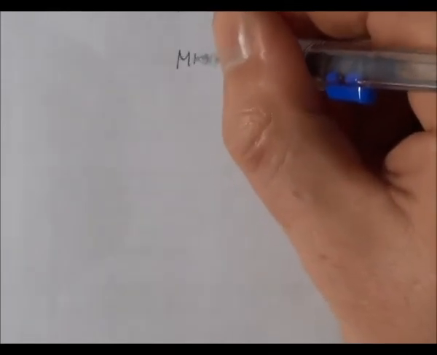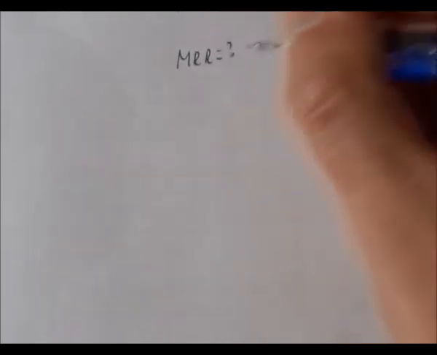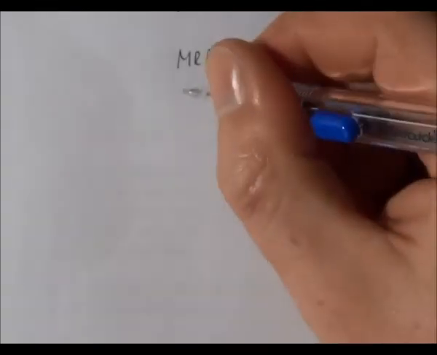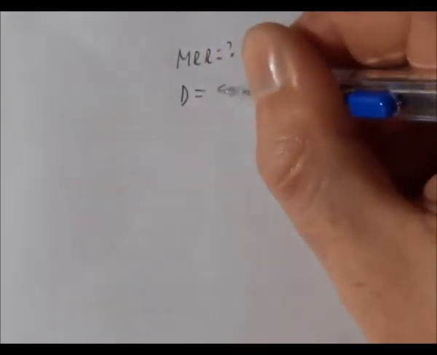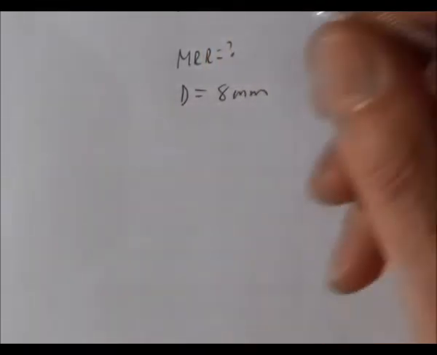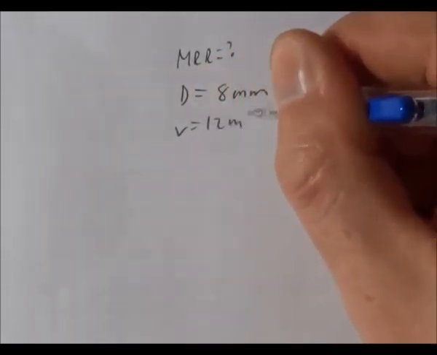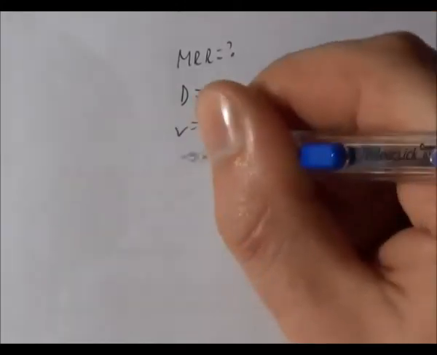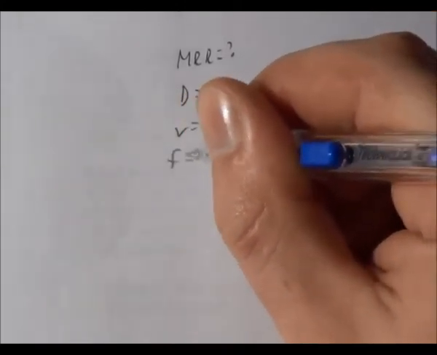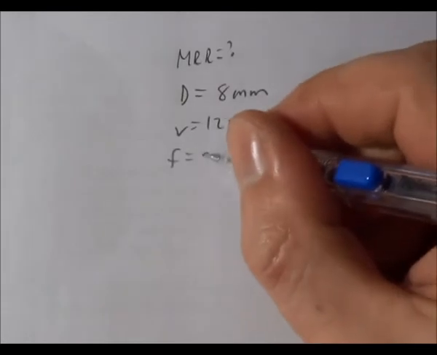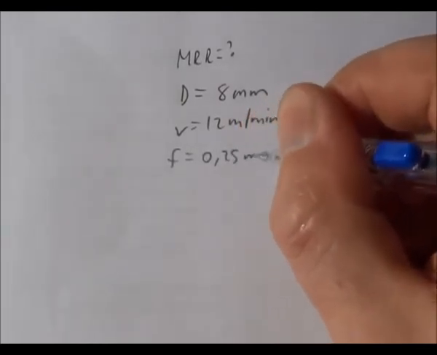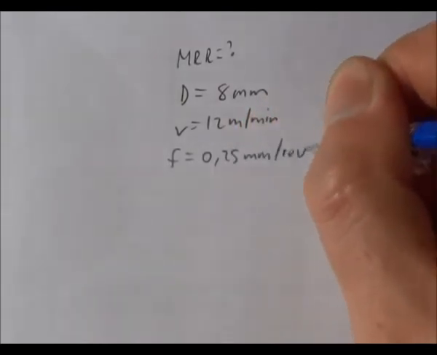So material removal rate is what we want to determine. The diameter of the drill is 8 millimeters. Velocity is 12 meters per minute. And our feed is 0.25 millimeters per revolution.